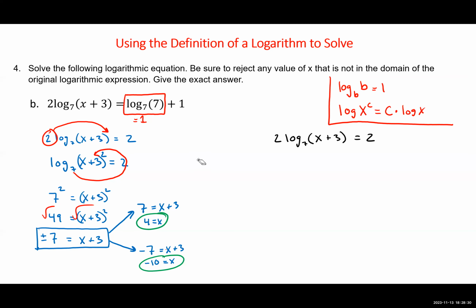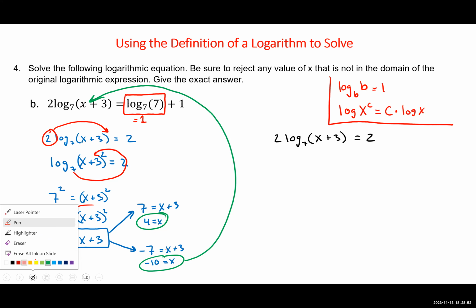Well, we're actually plugging the answers in for x right here. So if we put in a 4 for x, we get a positive number. 4 plus 3 is 7. No problem. But if we plug in a negative 10 for x, negative 10 plus 3 is a negative number.